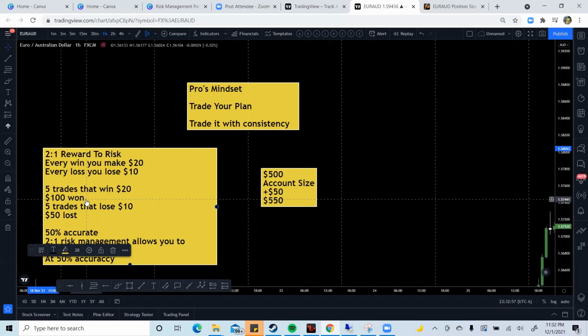That's the pro's mindset. That's what people don't stick to. Someone usually says, I'm going to trade with this lot size no matter what's in my account. That's the for sure way of blowing your account. You're just picking a lot size. I'm just going to trade with it no matter what my account size, no matter what my stop loss is. I'm trading with that lot size. That is an amateur's mindset. Have the pro's mindset.